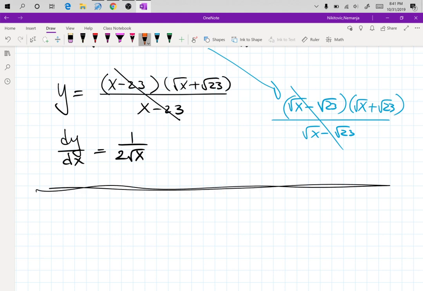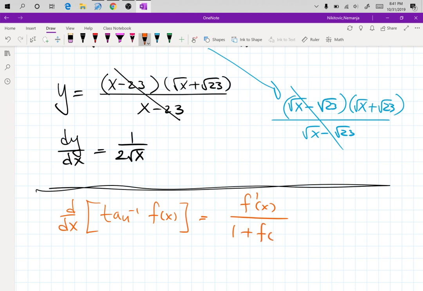So the formula for inverse tangent of a function is f prime of x divided by 1 plus f of x squared. That's the formula.